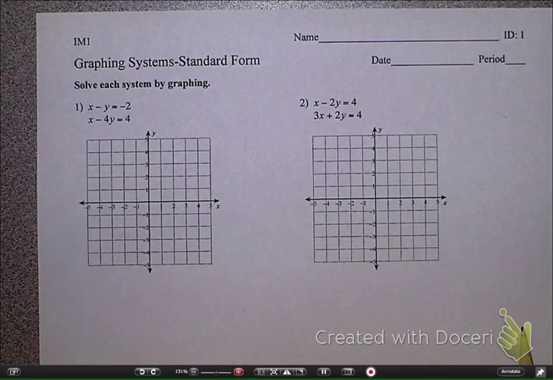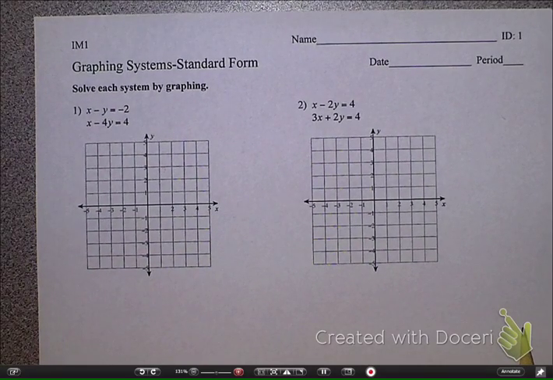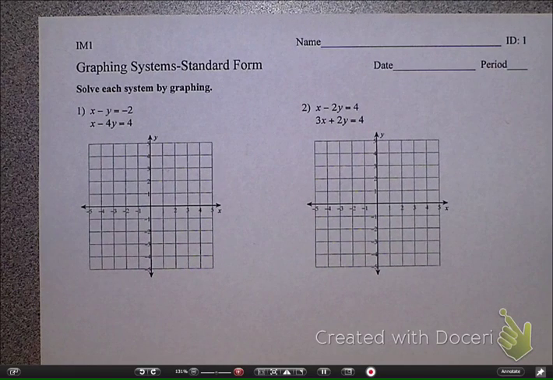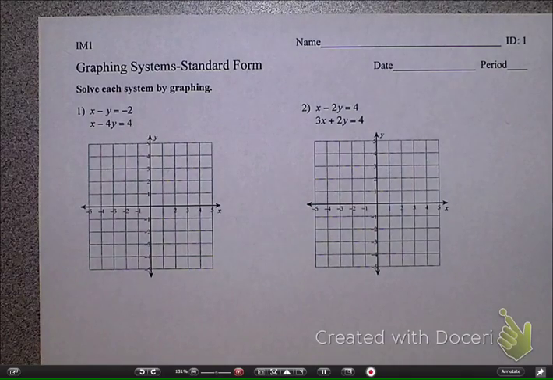Or we can solve each equation for y and graph from slope-intercept form. I'm going to show you an example of each method, and then we'll do some practice problems together that you'll put in your notebook when you get them back.